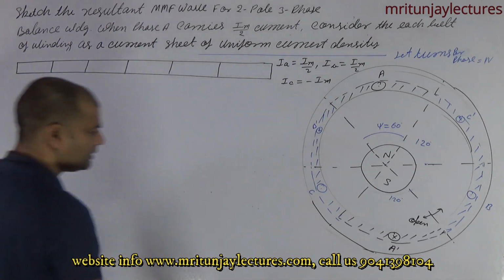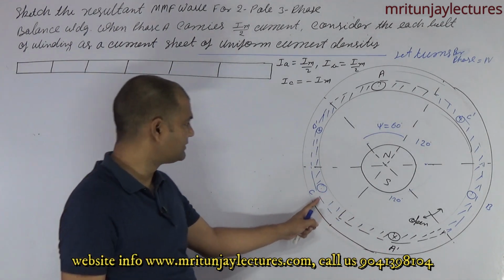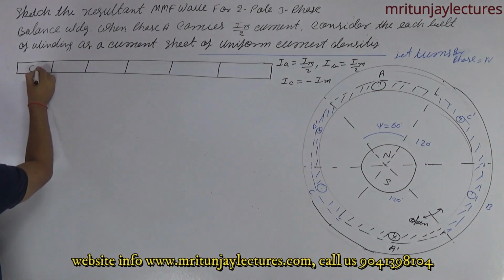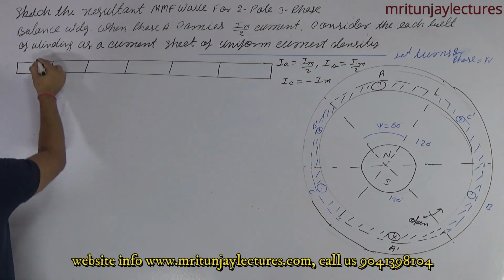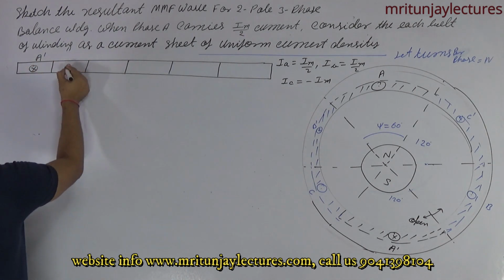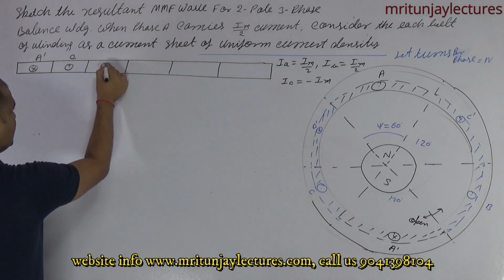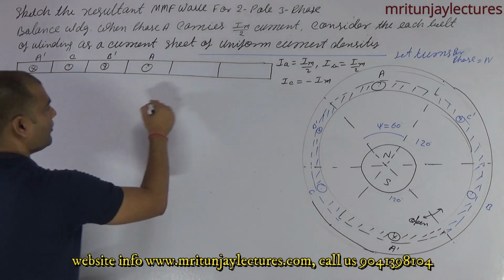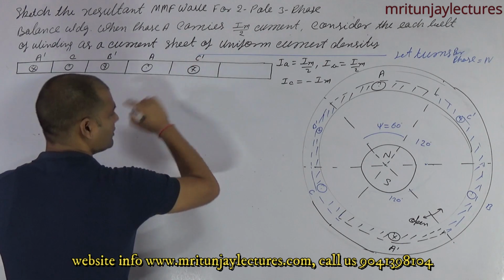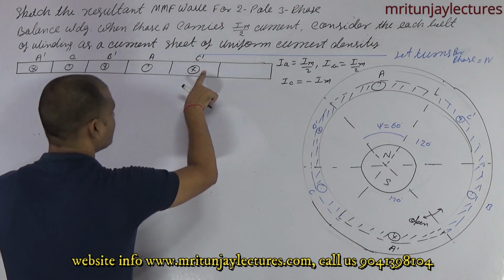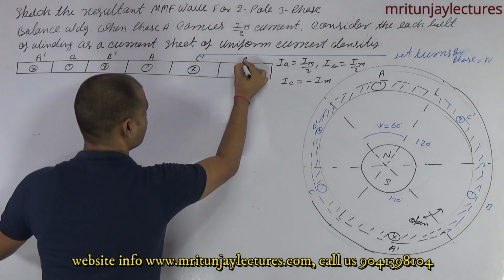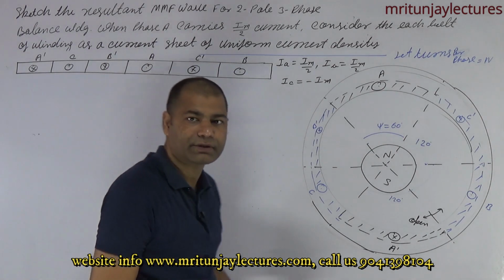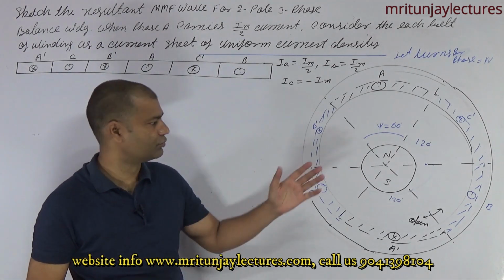First A dash with sign cross. What about C? That is dot. What about B? That is cross. What about A? That is dot. What about C? That is dot. The C dash, that is cross. And what about B? That is dot. Represent like this one. That is the standard sign convention, corresponding to the three-phase two-pole machine.